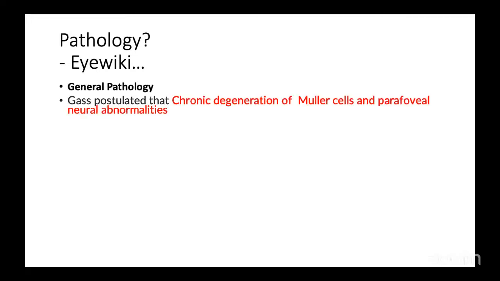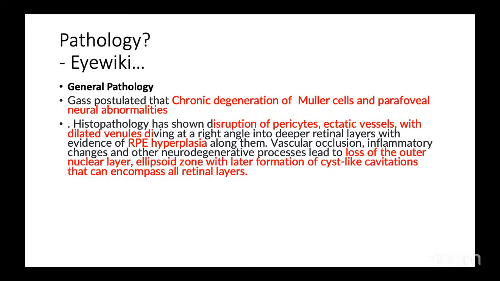So the pathology, what IVK says, you can read later on, is chronic degeneration of Müller cells and parafoveal neural abnormalities. Histopathology has shown disruption of pericytes, ectatic vessels with dilated venules diving at right angles to the deeper retinal layers, RPE hyperplasia, loss of outer nuclear layer and ellipsoid zone, with later formation of cyst-like cavitations that can encompass all retinal layers.